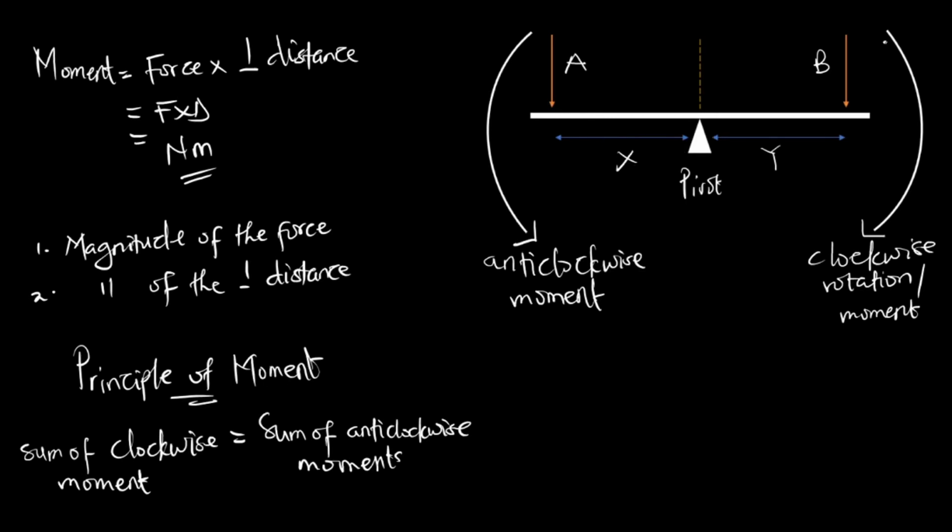Now if we look at the clockwise moment in this example, we can see that this force over here multiplies the distance Y, in the direction of the clockwise moment. So we can say our clockwise moment for this diagram is equal to the anti-clockwise moment.